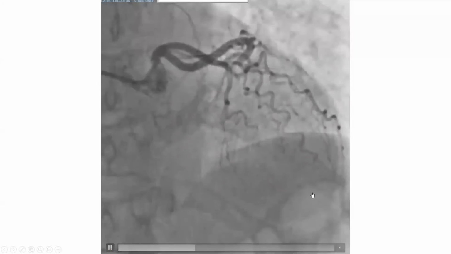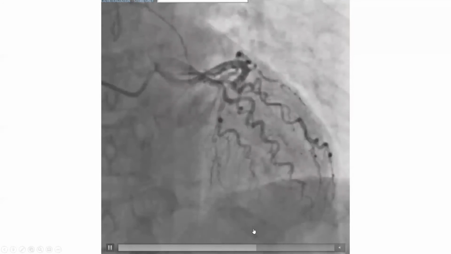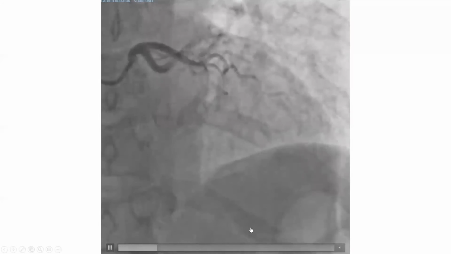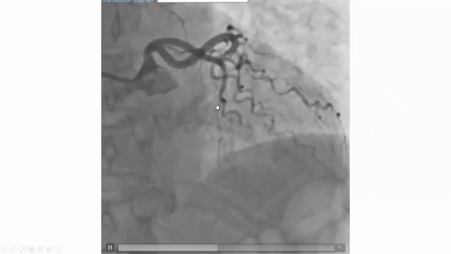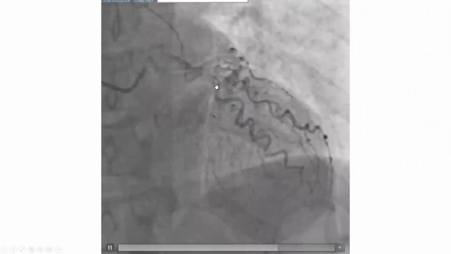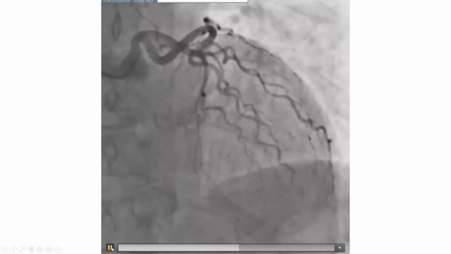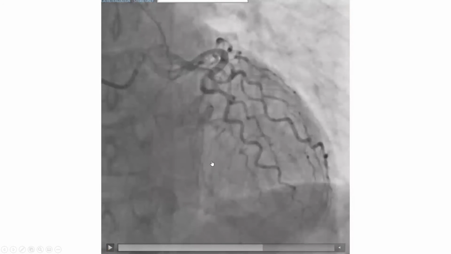So once we establish it is the LAD that's occluded, look at it distally. When you have occlusion, look at that late filling, at late reconstitution, and try to track back the vessel course from the antegrade filling and that retrograde reconstitution. So the LAD is here reconstituting.